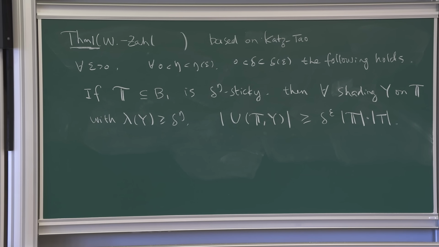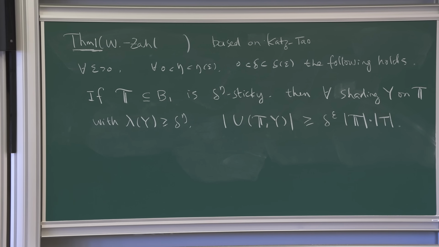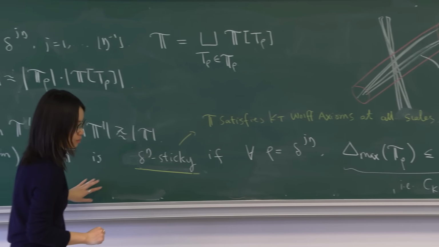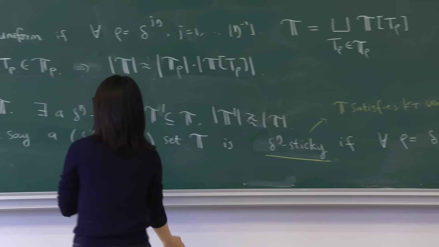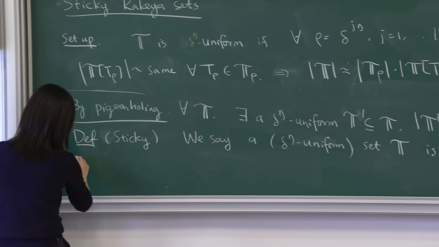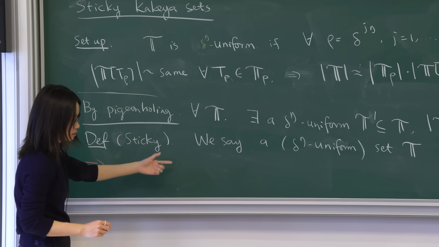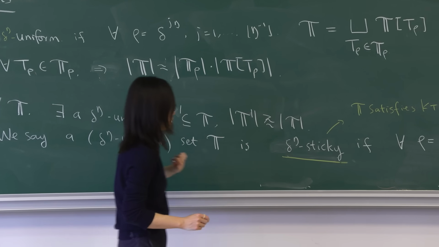Okay, so that is the second topic. We are hopefully going to outline some of the ideas in the proof. First of all, again, let's digest this notation and why it is useful. If a set of delta tubes is sticky, I'm going to ignore this quantifier a little bit.